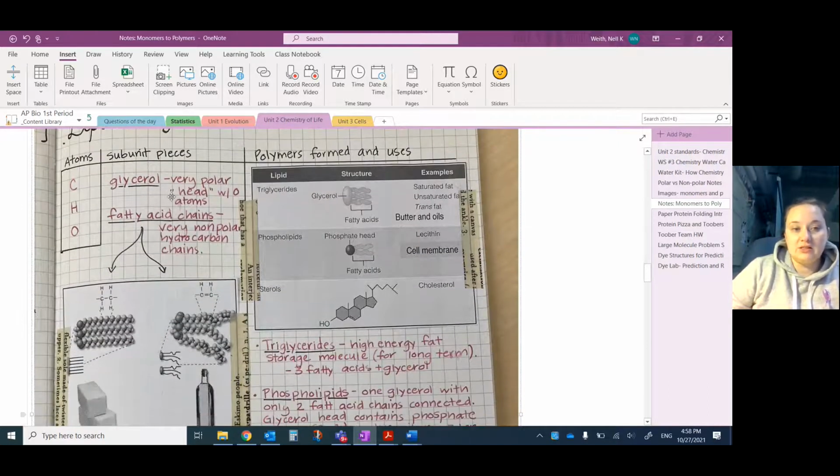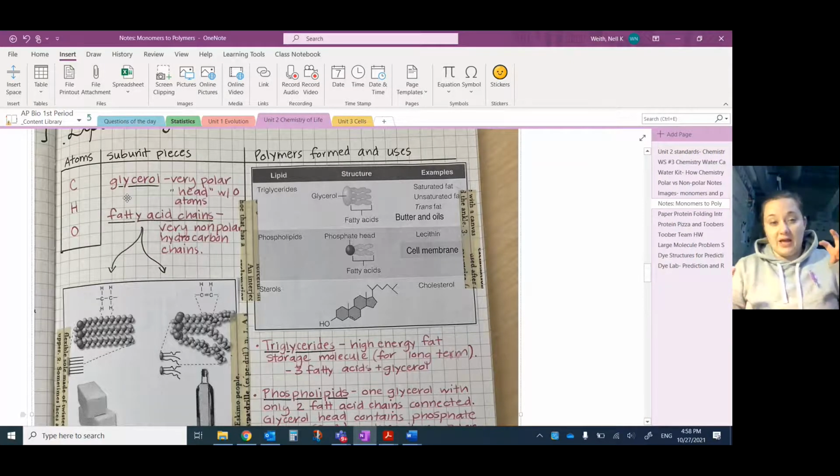So for fats, the subunit piece, there's 2 this time, so a little bit of variety. The glycerol is a very polar molecule, also known as the head of the fat molecule. It's where the other pieces are connected to. And it has oxygen atoms as part of it, so that's sort of what makes it polar.